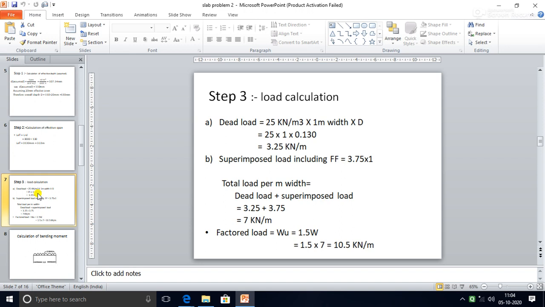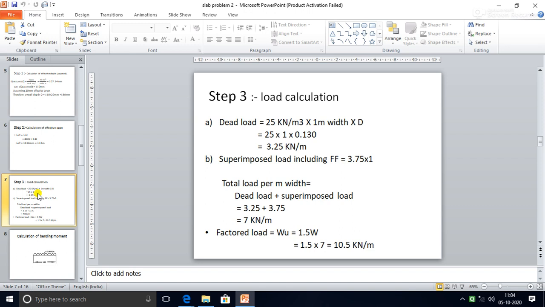Then total load per meter width is the addition of dead load plus superimposed load, where superimposed load is nothing but the addition of live load plus floor finish. The total load is 7 kilonewton per meter. Therefore factored load is equal to 1.5 into W, that is 1.5 into 7, that is 10.5 kilonewton per meter.